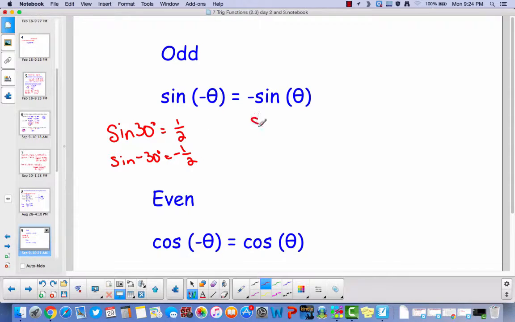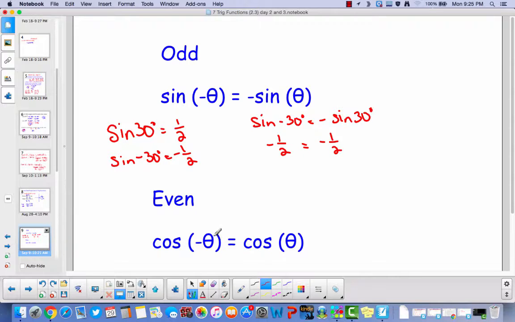So is the sine of negative 30 degrees equal to the opposite of the sine of 30 degrees? Well, yes, because the sine of negative 30 degrees is negative 1/2, and the sine of 30 degrees is 1/2, but then we need the negative of that.